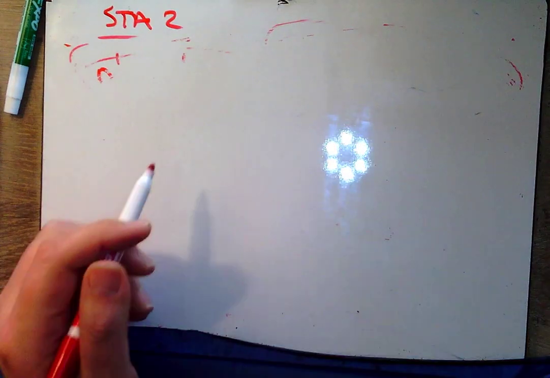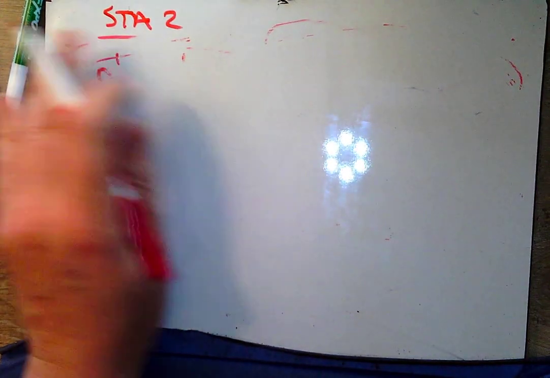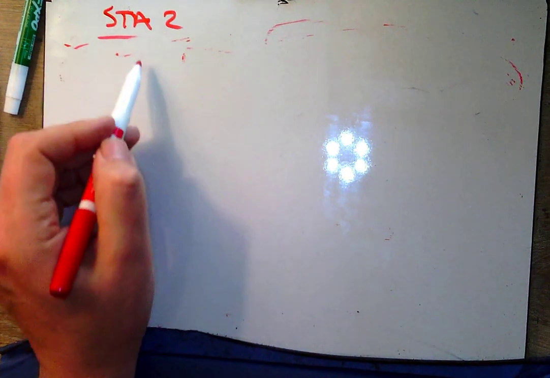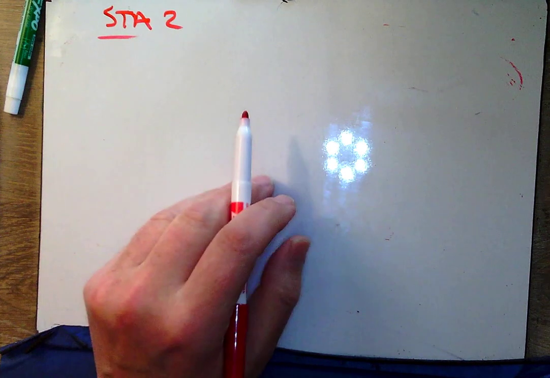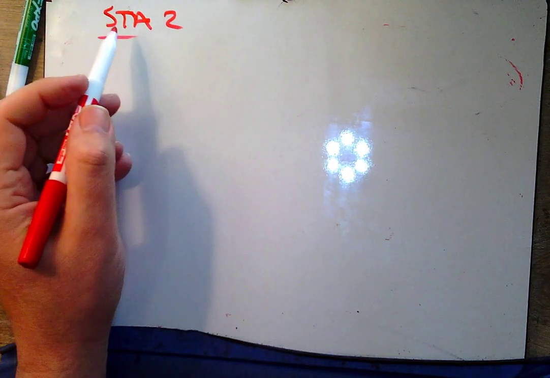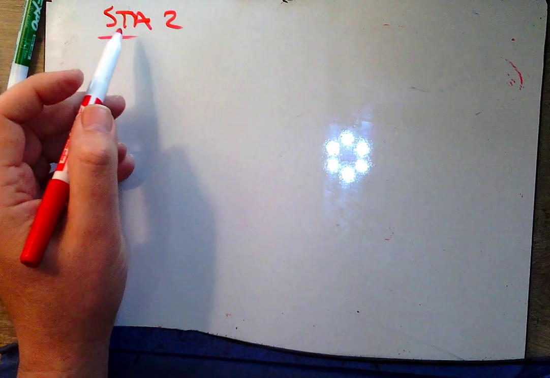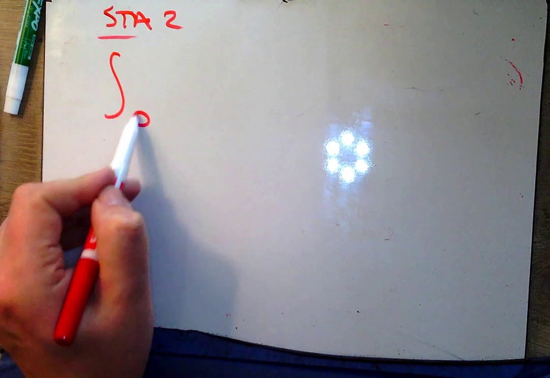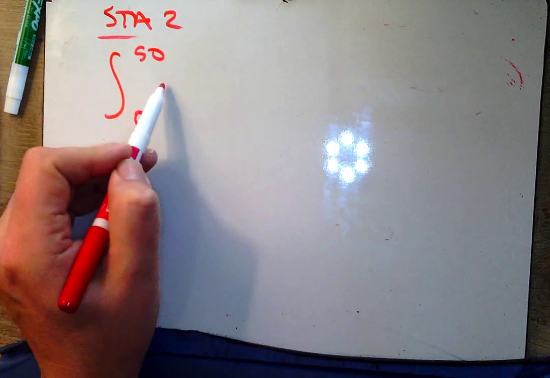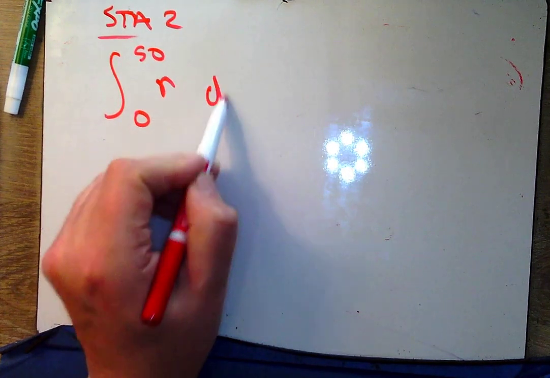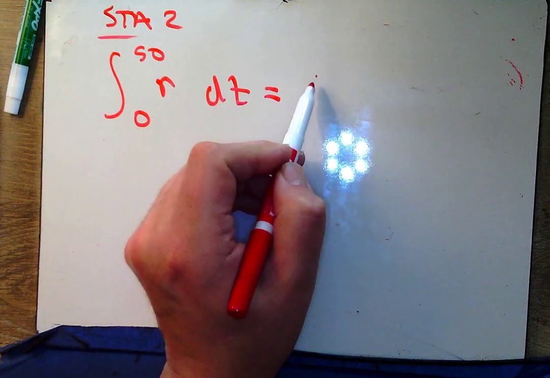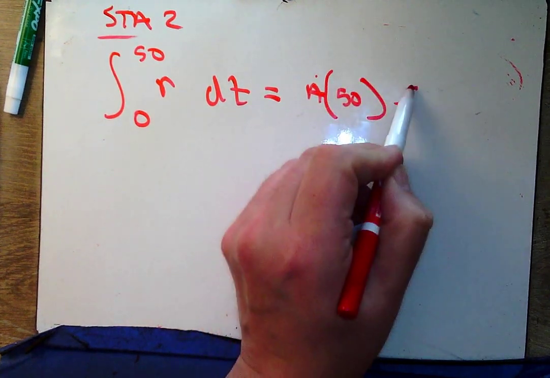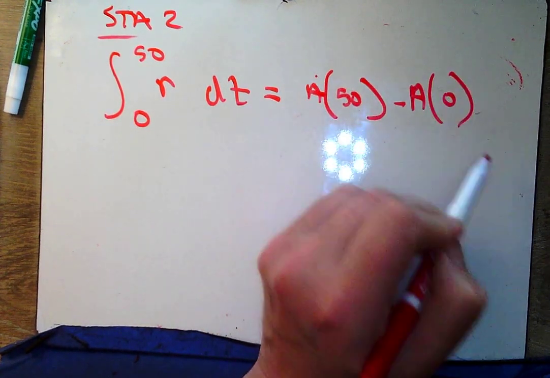Question 3, a storage tank has 50 liters in it when water starts flowing in at a rate of 200 minus 4t, and those are in liters per minute. All right, so I think I can say the integral from 0 to 50 of r dt equals the amount at 50 minus the amount at 0.